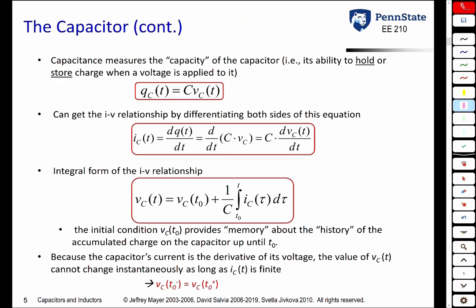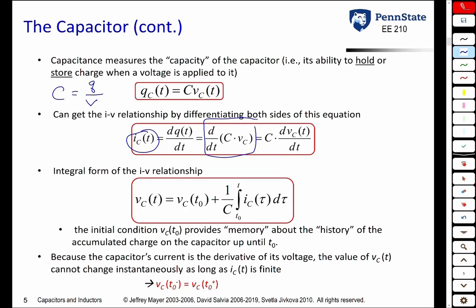Okay, let's look at some equations now related to the capacitor. We saw before the capacitance is charge per unit volt. If you rearrange that equation, you get the charge is equal to capacitance times the voltage. If you now take the derivative of both sides, the derivative of charge, dq/dt, is current. So current into a capacitor is the derivative of the capacitance times the voltage.